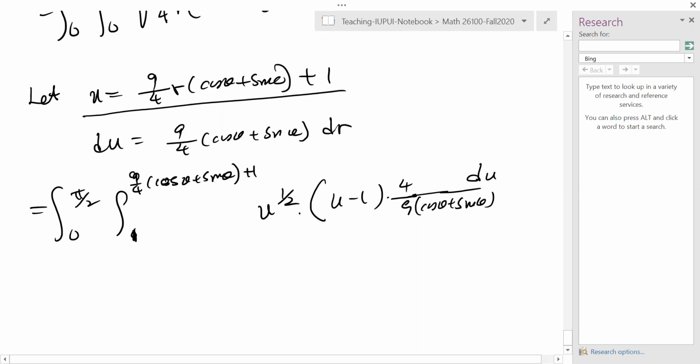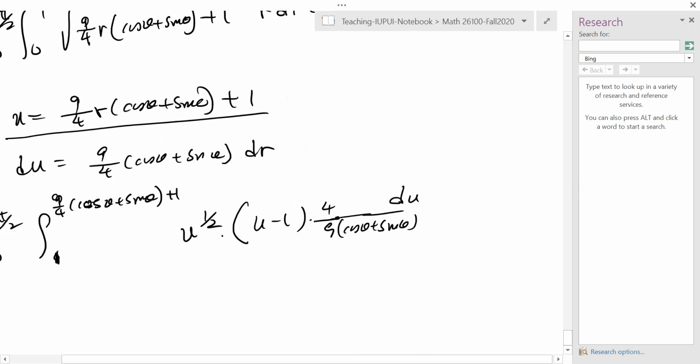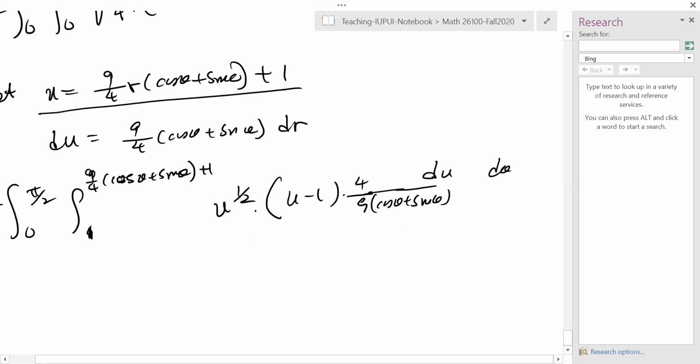Now you can, for this theta, evaluate with respect to u, no problem here. But how can we deal with the sine theta, cosine theta?